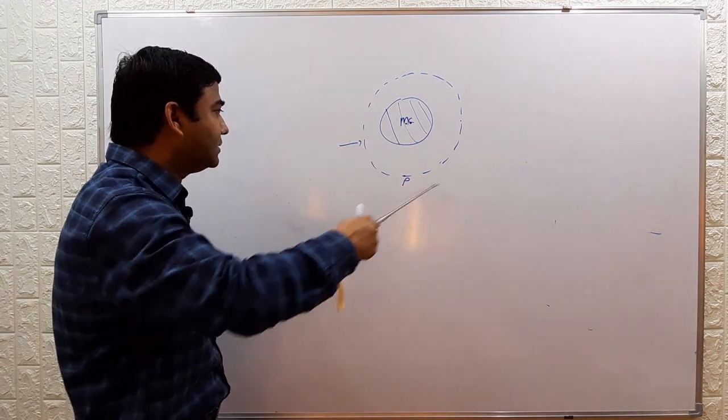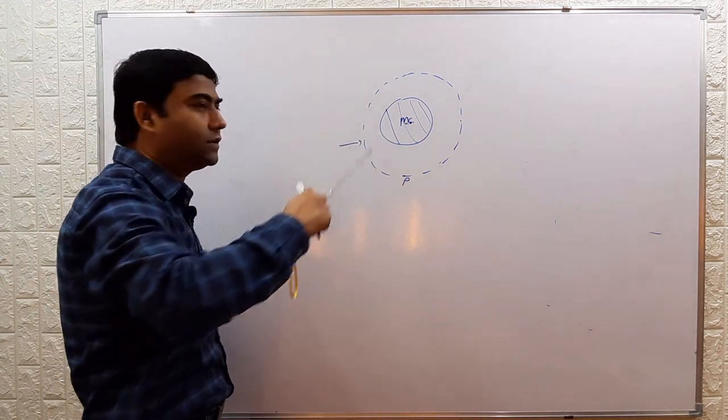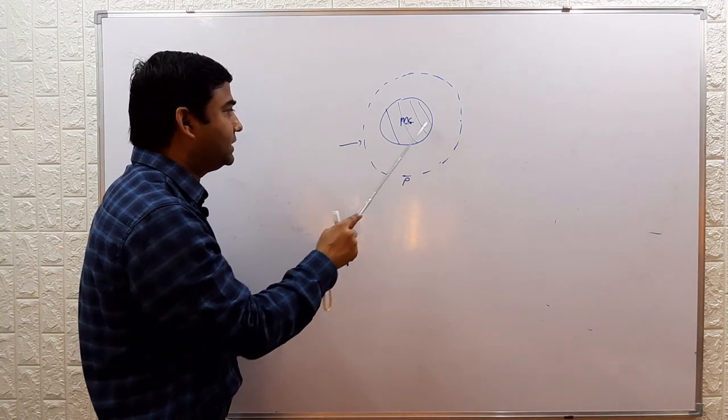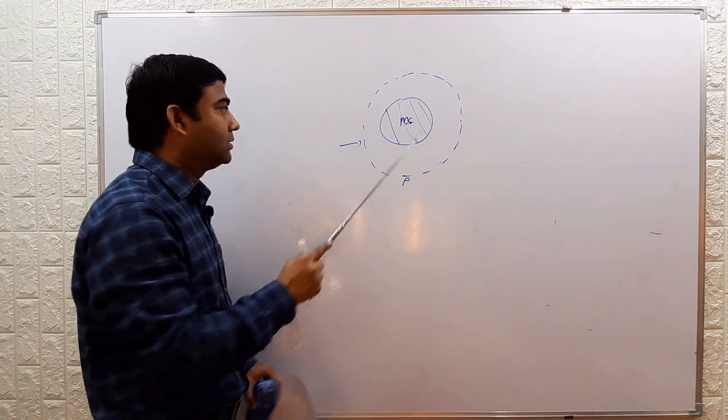As this is a spherical surface, all points on this surface are symmetric.